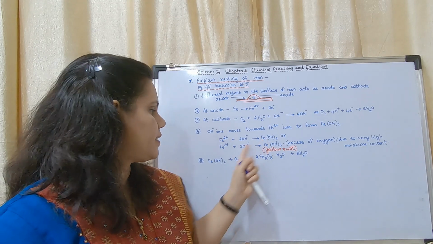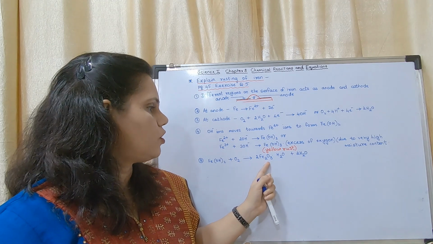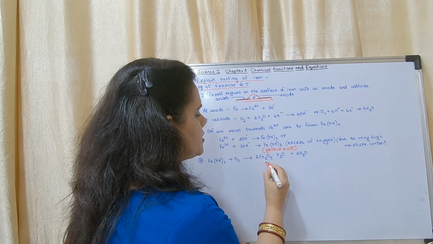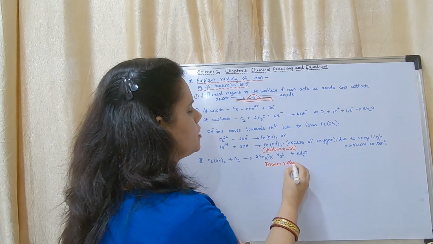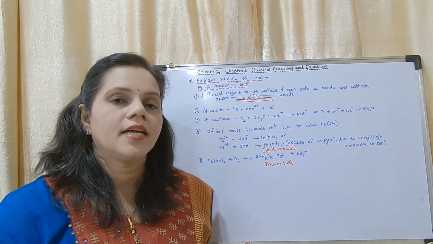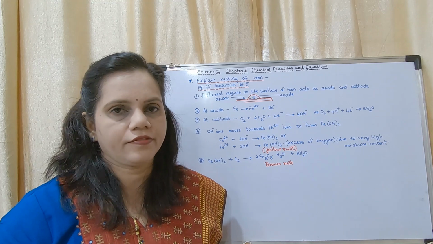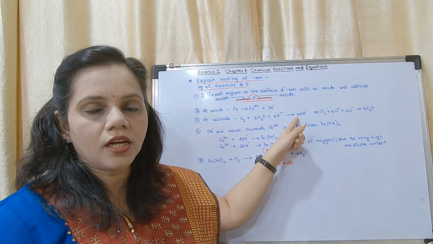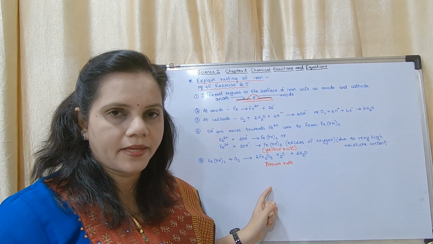Otherwise, what will happen? This Fe(OH)2 will again react with oxygen to form 2Fe2O3.H2O, which is brown rust. So there are different types of rust. The reaction on page number 45 is given as extra; I have explained here what happens to that.